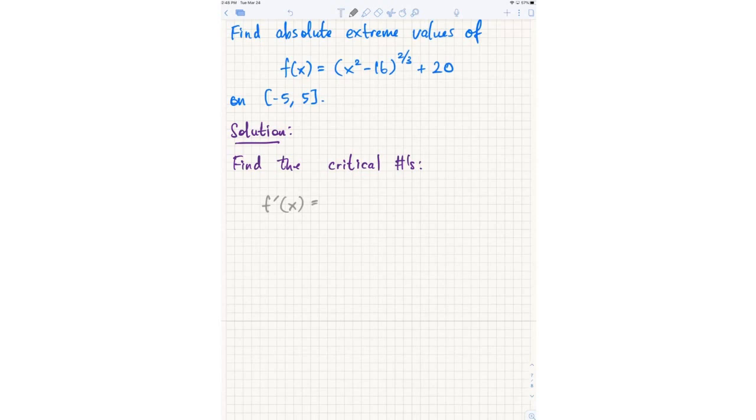I need it anyway to find the critical numbers. So the derivative of this function is 2/3 times x squared minus 16 to the -1/3 times 2x. If I rewrite this, the 2/3 and the 2 combine to give me 4/3, and then I get x over x squared minus 16 to the 1/3. So I'm writing the negative exponent in the denominator. This is my derivative.